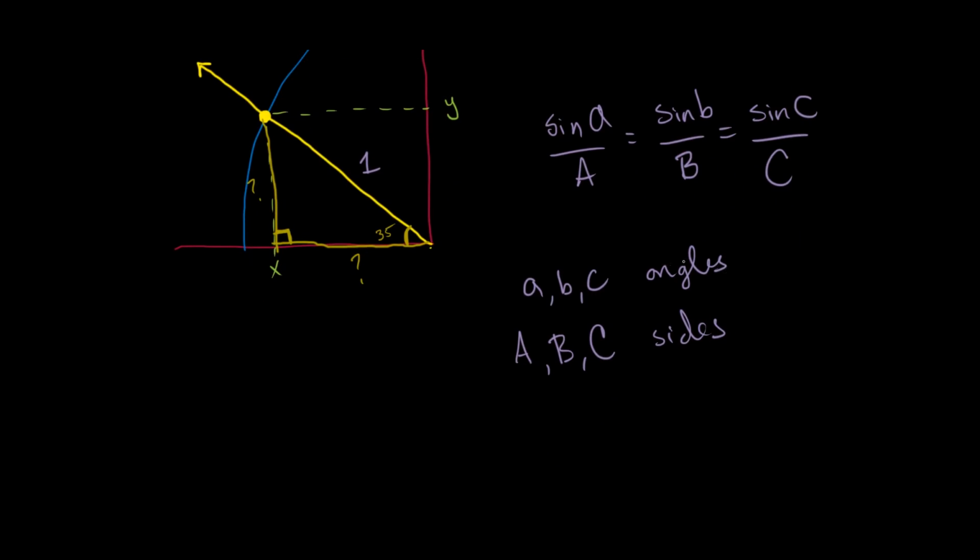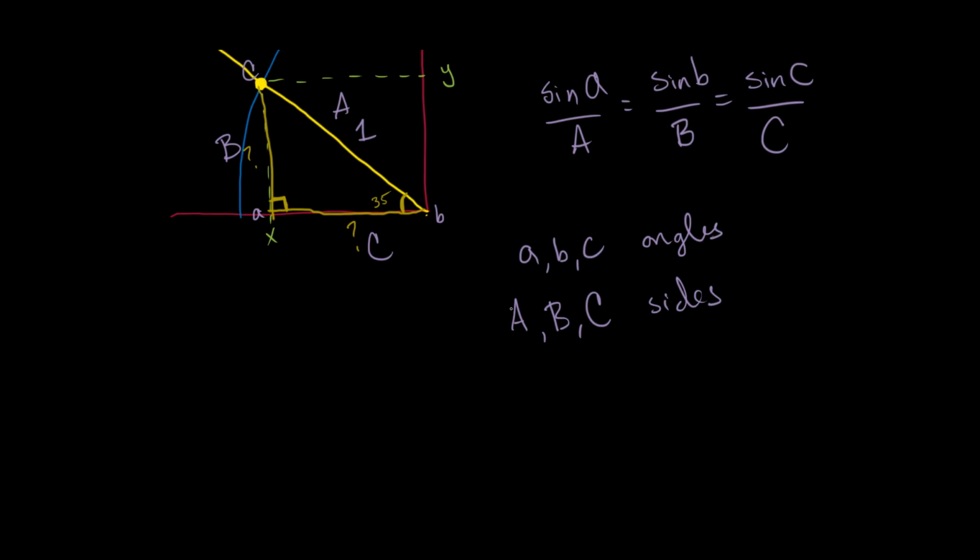So pretty much, if I call this angle A, this angle B, and this angle C, then side A is opposite of angle A. So this is going to be side A, this is going to be side B, and this is going to be side C.